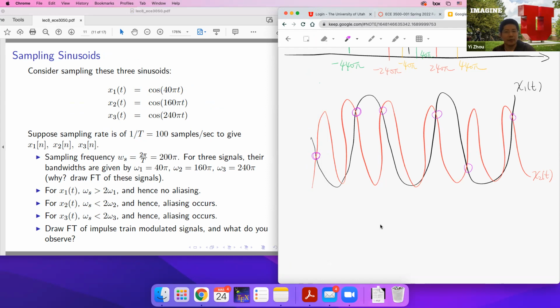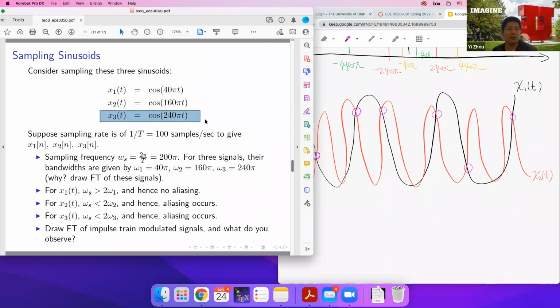You can plot x1(t) and x2(t) and also plot out all the query samples, and you will see that they are exactly located at the intersection points, which means if you query these discrete samples on both of these two signals, you will end up with the same discrete signal. And same for x3(t).